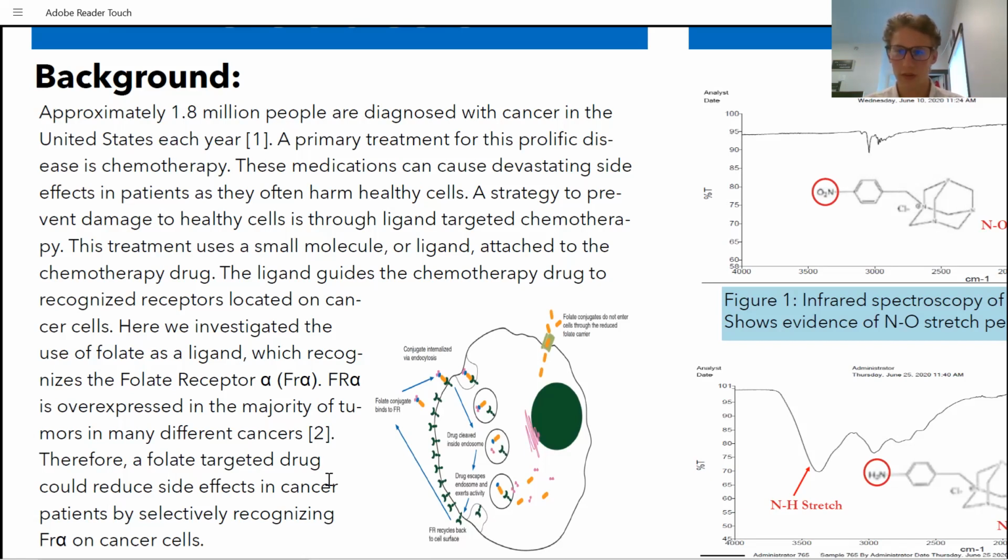Not only is it overexpressed, but in cancer cells, folate receptor alpha also faces out into the bloodstream. This means that what's circulating through the blood readily has access to this receptor.